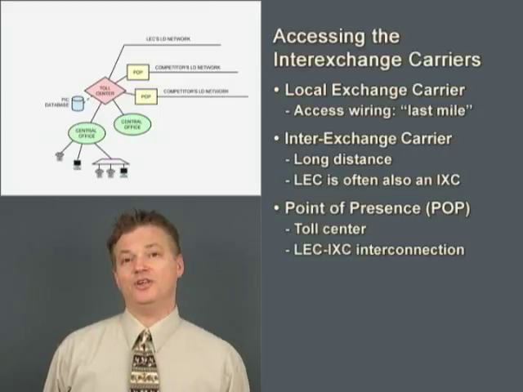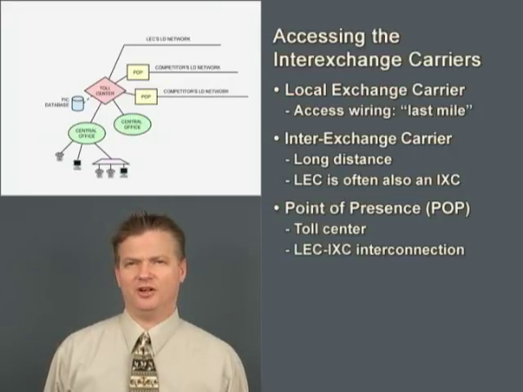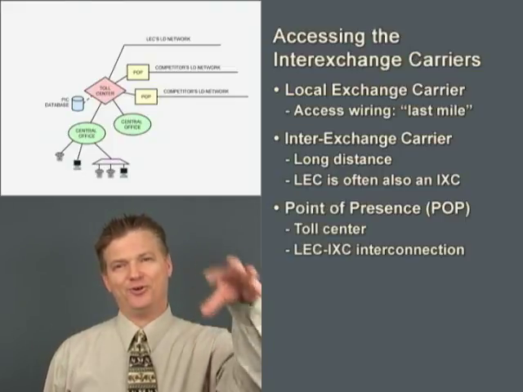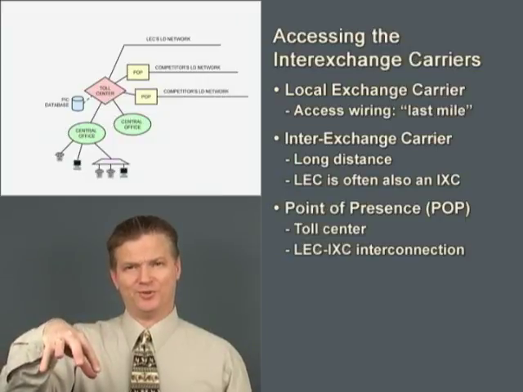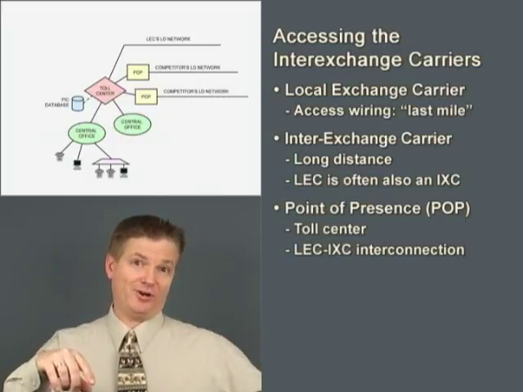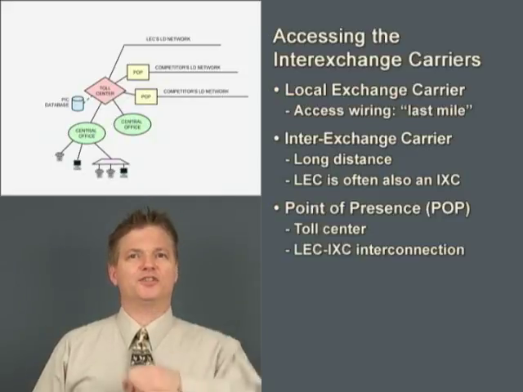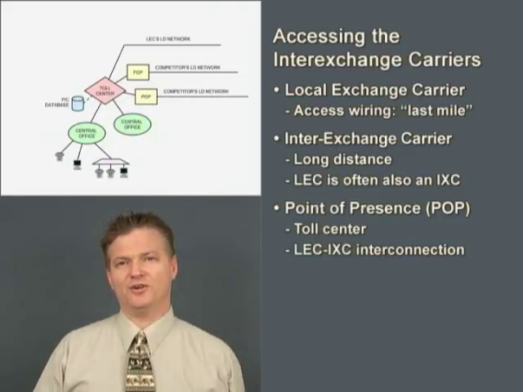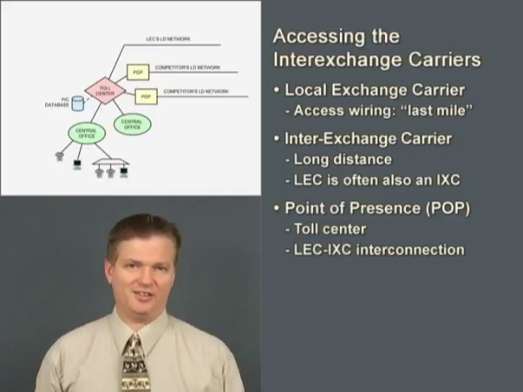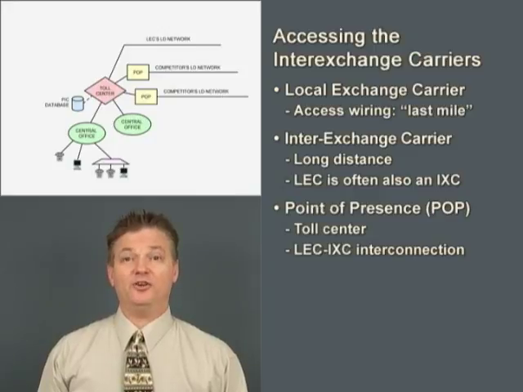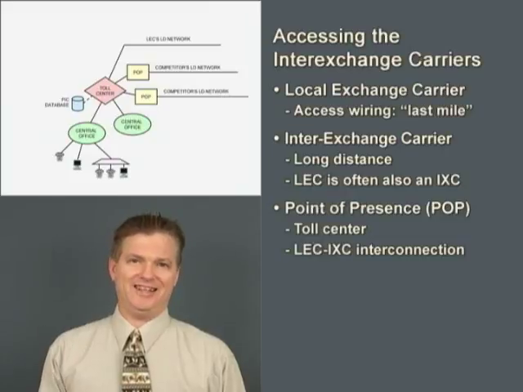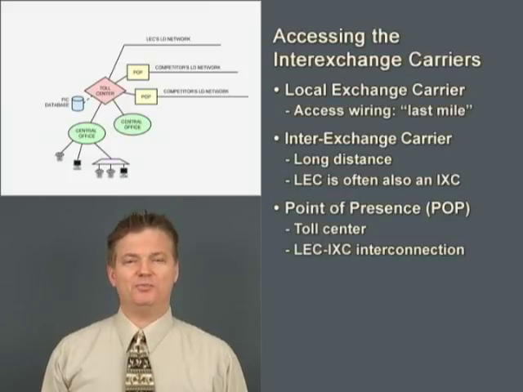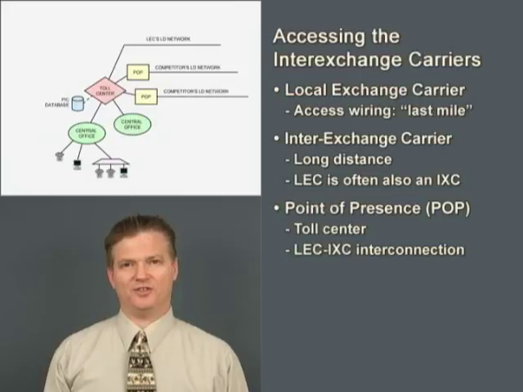And MCI employees would be allowed to come into the building under heavy security escort and put equipment in this room and connect it on one side to the Bell System's toll switches and on the other side to their fiber optic cables going off to the world so that they could siphon off long distance phone calls and send them over their physical long distance network instead of the Bell System or AT&T Corp. Everybody who worked in the building would refer to that room where the equipment was kept as the MCI room. It was MCI's physical point of presence in the toll center.